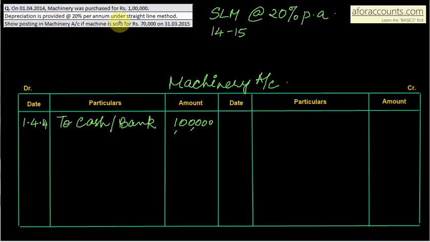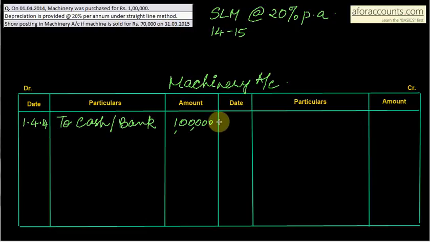Depreciation is provided at 20% per annum on the straight line method. So the entry for depreciation will be depreciation account debit, as it is an expense, and the value of machinery is getting reduced due to depreciation, so machinery will be credited.